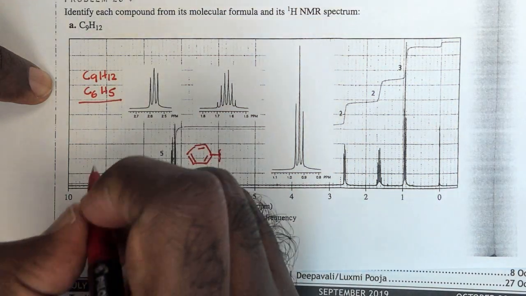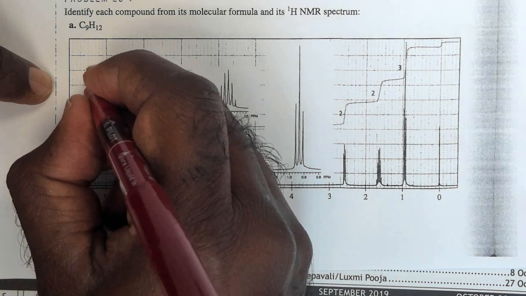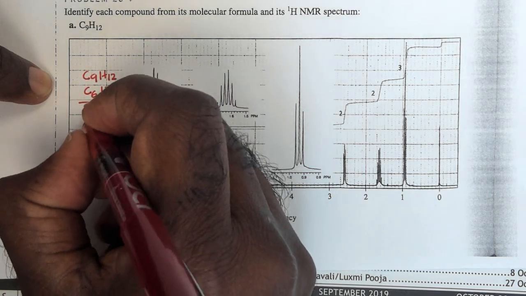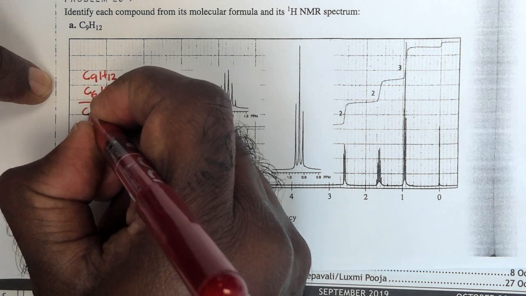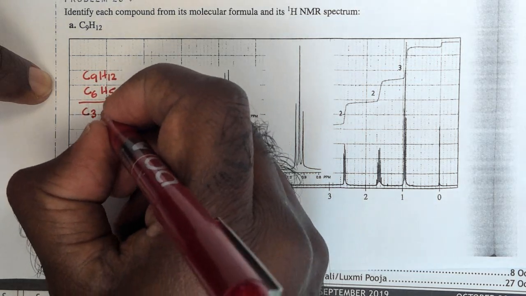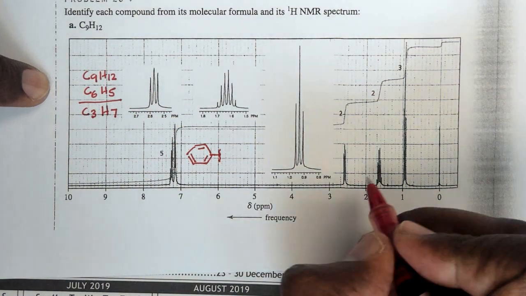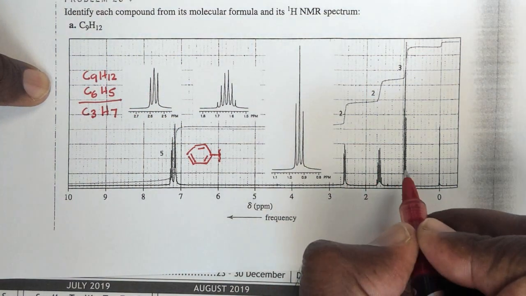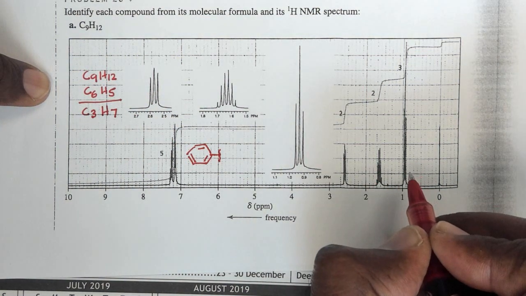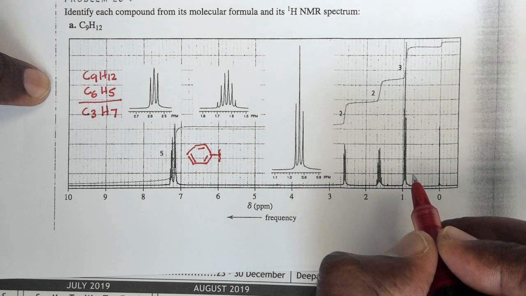If I subtract this fragment from the molecular formula of the compound, I get C3H7. So these particular fragments here must add up to 3 carbons and 7 hydrogens.